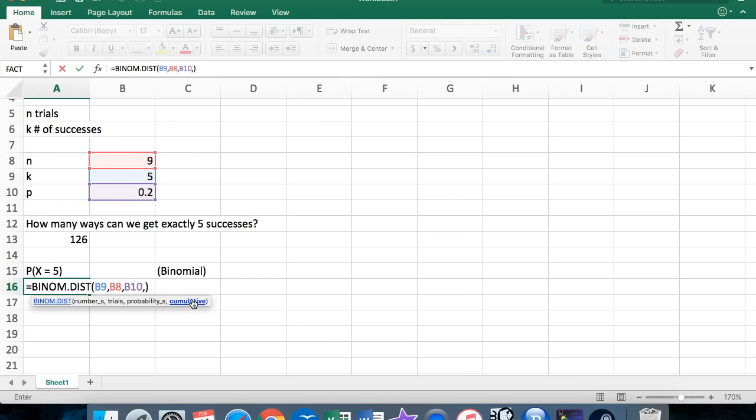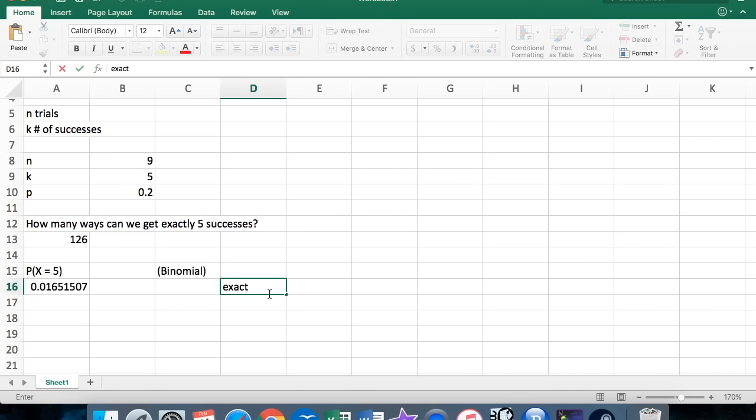Now, cumulative just means: are we only working with an exact number, or do we want multiple successes? If you want it exact, you put 0 for cumulative. If you want up to that number, like less than or up to a number, then you would put 1 for cumulative.